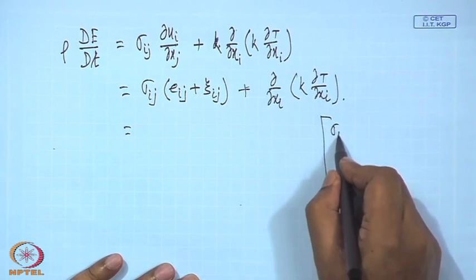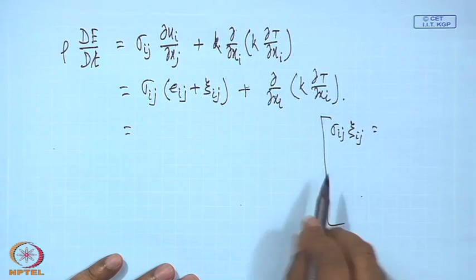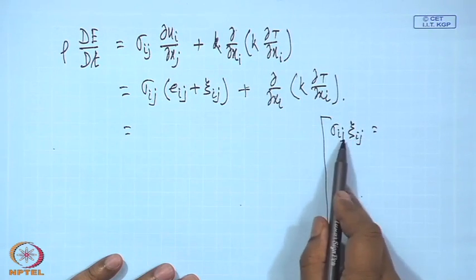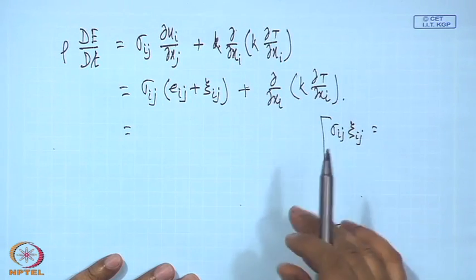What is sigma ij xi ij? Here both the indices are repeating, so it is a sum over both i and j.